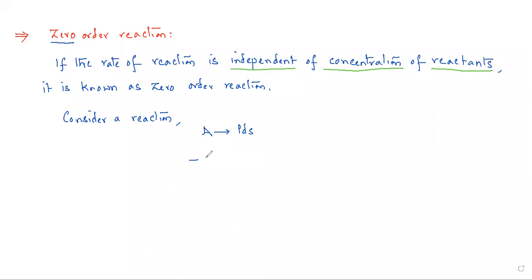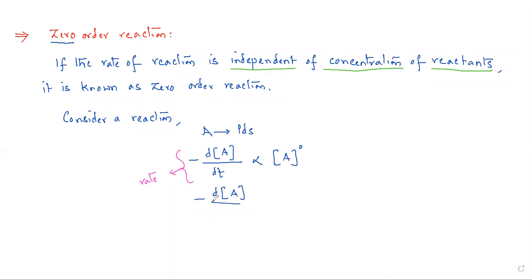In this case, the rate of the reaction with respect to A, nothing but minus d concentration of A by dt, is directly proportional to, see, this is nothing but rate, the concentration of A to the power 0, right?